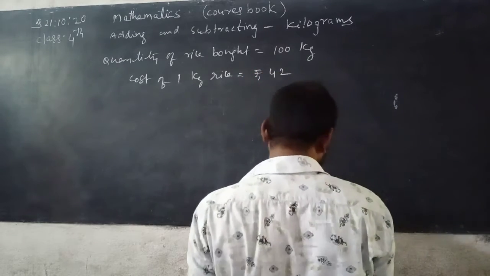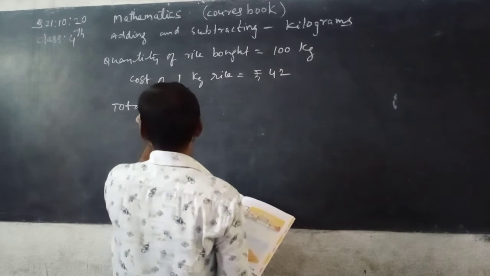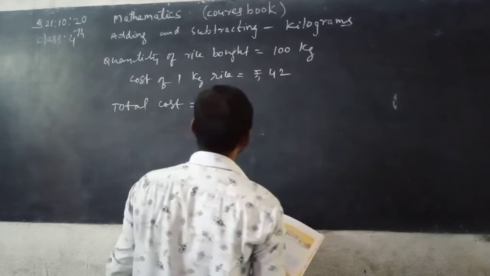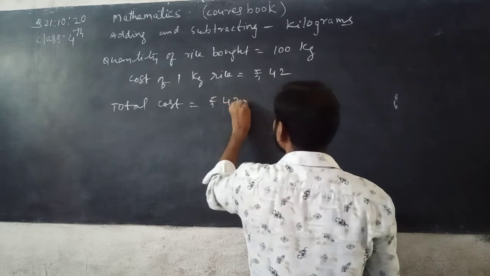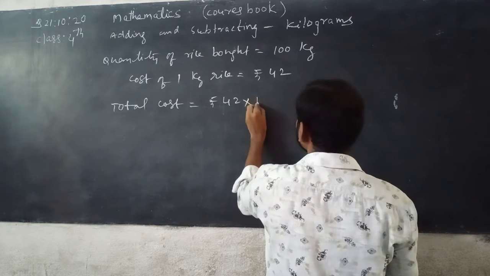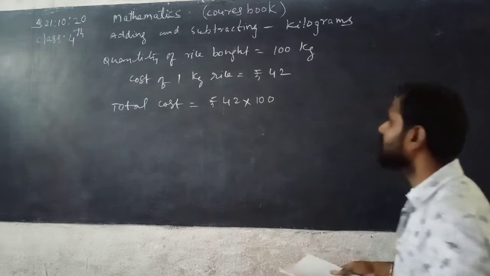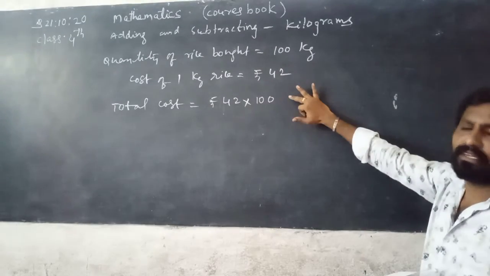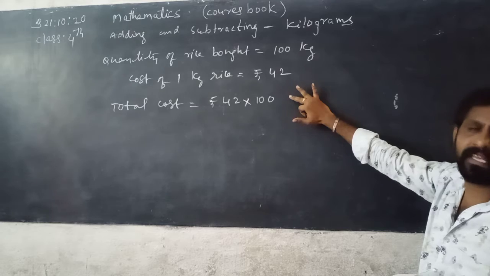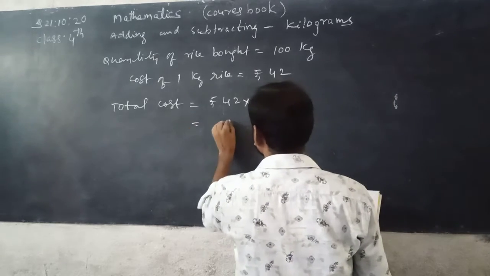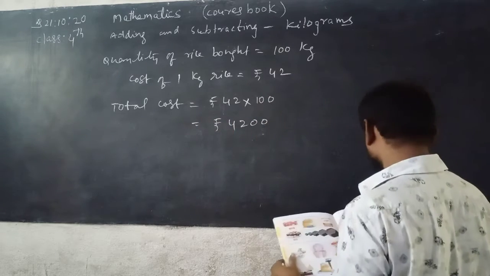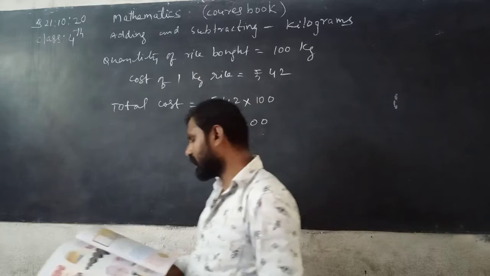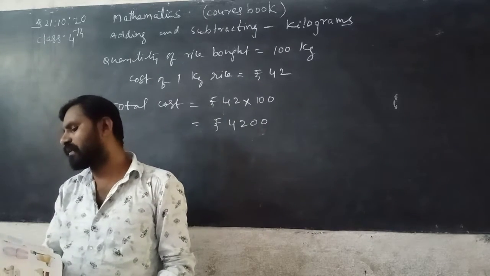Total cost is equal to 42 rupees into 100. Any number multiplied by 100, you can write 2 zeros after the given number. Means you can write directly 4200.